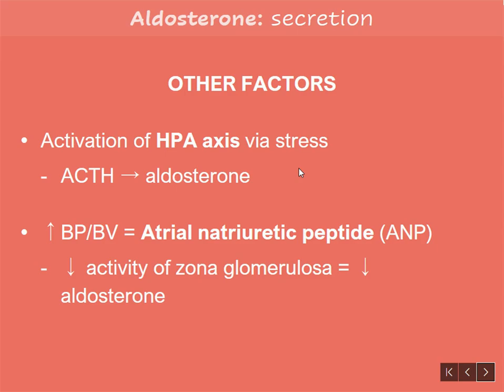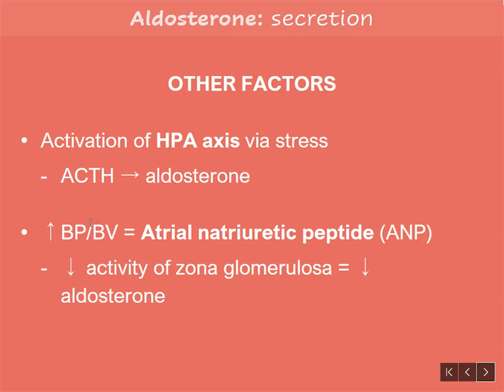So stress activates the HPA axis, or the hypothalamic pituitary adrenal axis, and we know when this axis is activated, ACTH is released. So adrenocorticotropic hormone is released from the pituitary. And ACTH stimulates the adrenal cortex, and with the stimulation of the adrenal cortex, it could cause increased release of aldosterone. So basically, one more factor that causes the secretion of aldosterone is stress by means of the activation of the HPA axis.